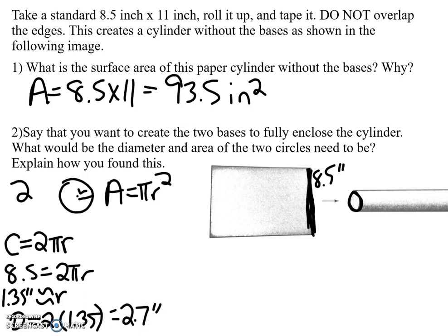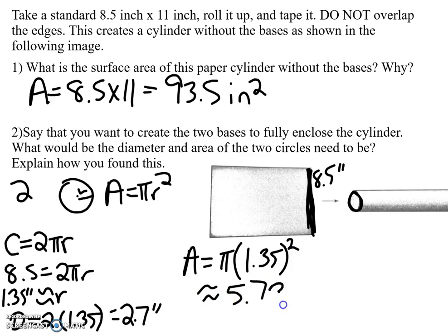And then my area for each of those circles would be pi times the 1.35 squared. And that will be approximately 5.73 square inches. So each circle is about 5.73 square inches and will have a diameter of approximately 2 7/10 inches.